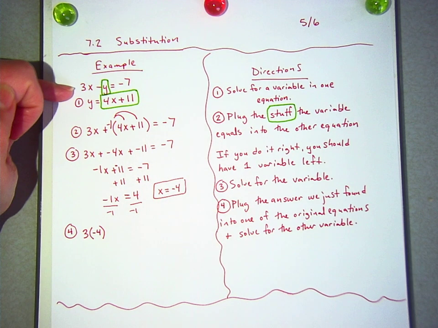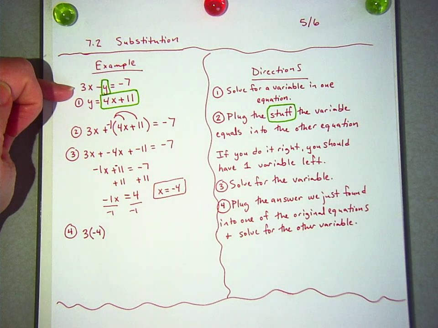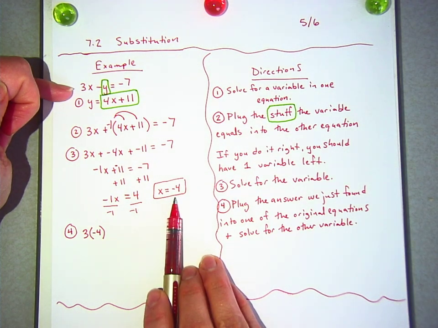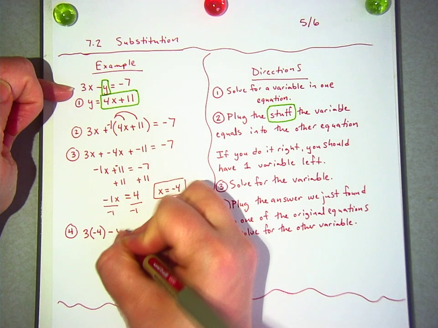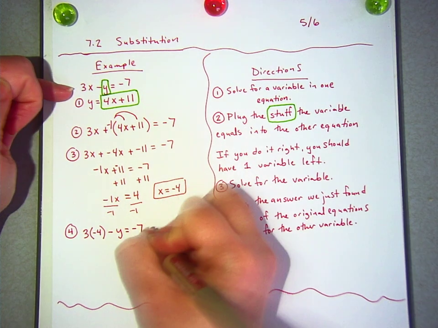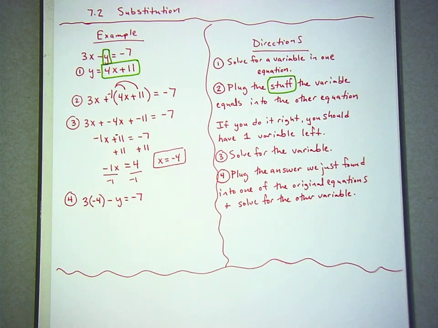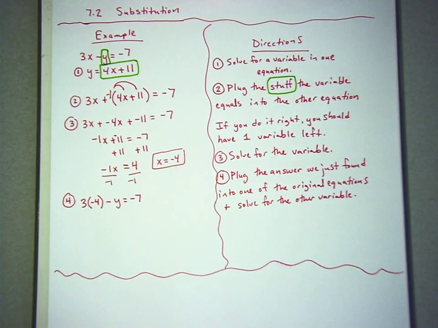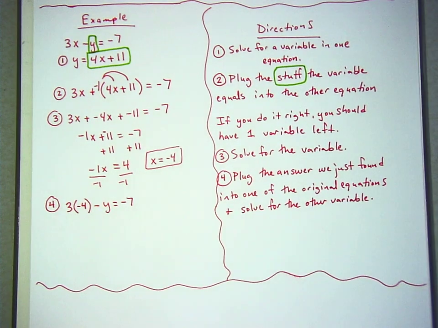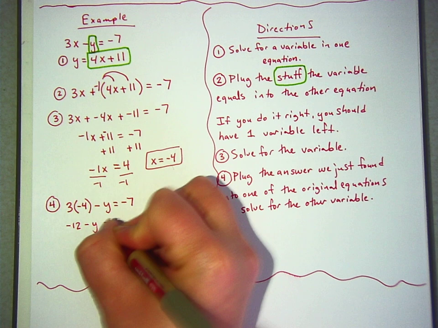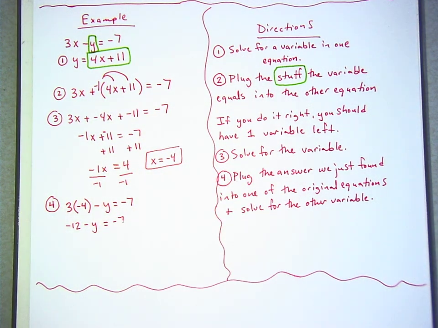How do I know that I'm plugging in negative 4 for x and not y? It says x is negative 4 right there. Okay? Minus y equals negative 7. That's negative 12 minus y equals negative 7.